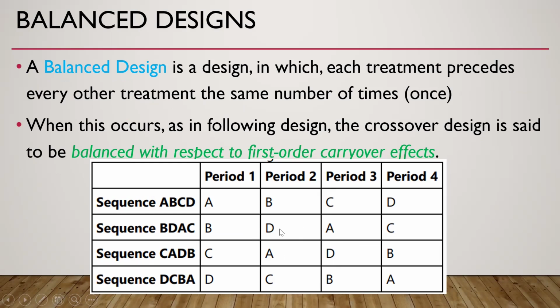Similarly, A is preceded by D, A is preceded by C, and A is preceded by B. That is, A is preceded once by all other treatments. So this is a balanced design.